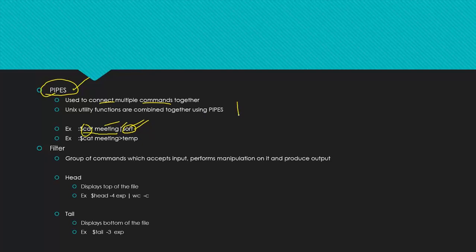By using the pipe symbol, we connect two or more commands together so that we can get better results and execute commands faster. So Unix utility functions are combined together using pipes. As I told you, different types of commands can be combined together with the help of this pipeline symbol.